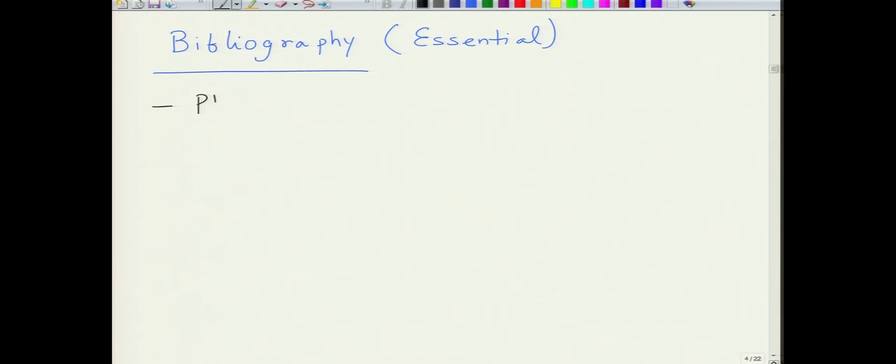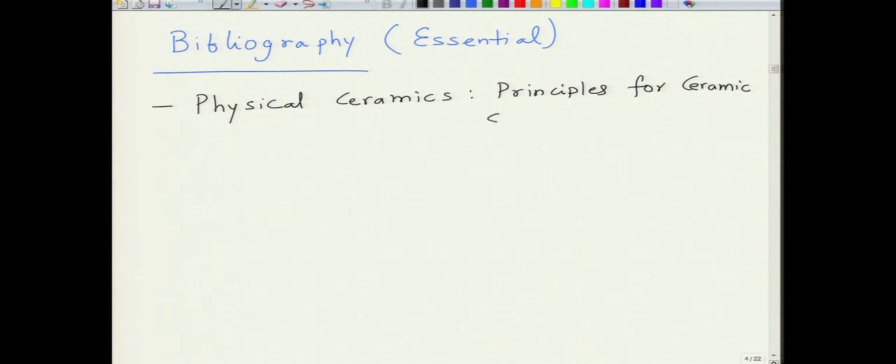So, first will be Physical Ceramics: Principles for Ceramic Science and Engineering.